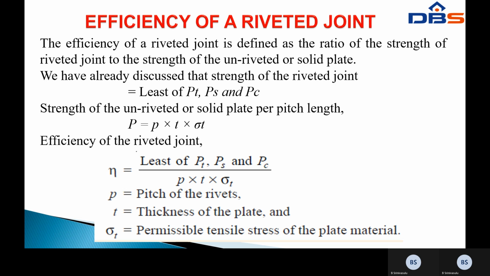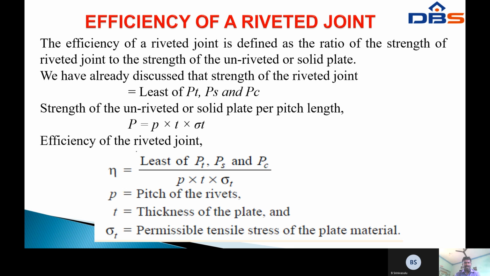Today I will explain the efficiency of a riveted joint. The efficiency of a riveted joint is defined as the ratio of the strength of the riveted joint to the strength of the unriveted or solid plate.